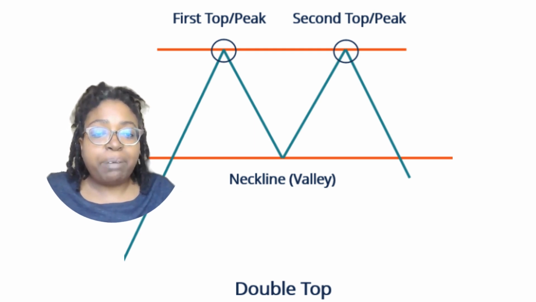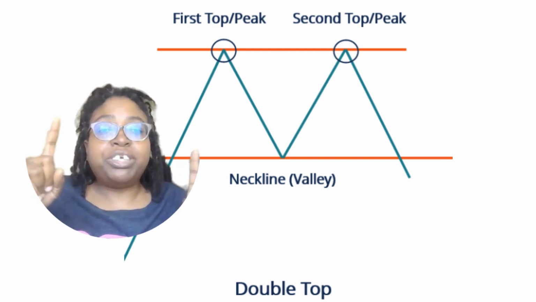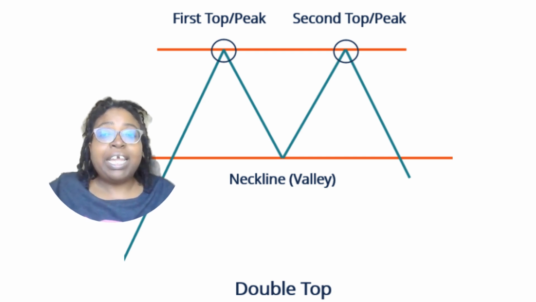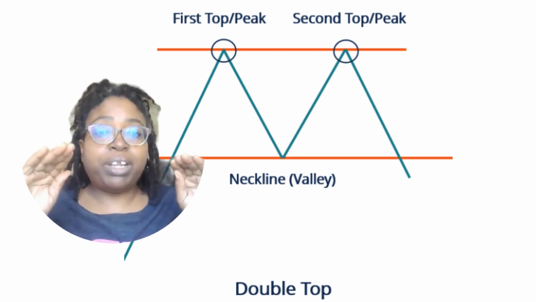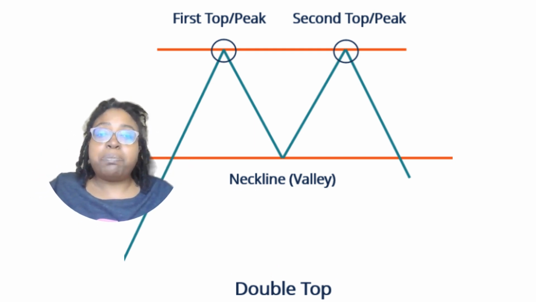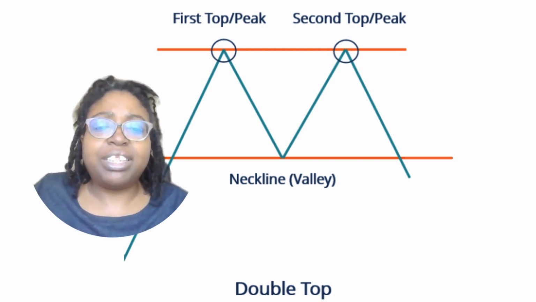So that is what happened with this trade on NVIDIA that I'm going to show you. It yielded me over $1,000 in one day, and it was pretty much just realizing that we were getting a break of that neckline and that price could no longer continue going up. So let's take a look at that trade.